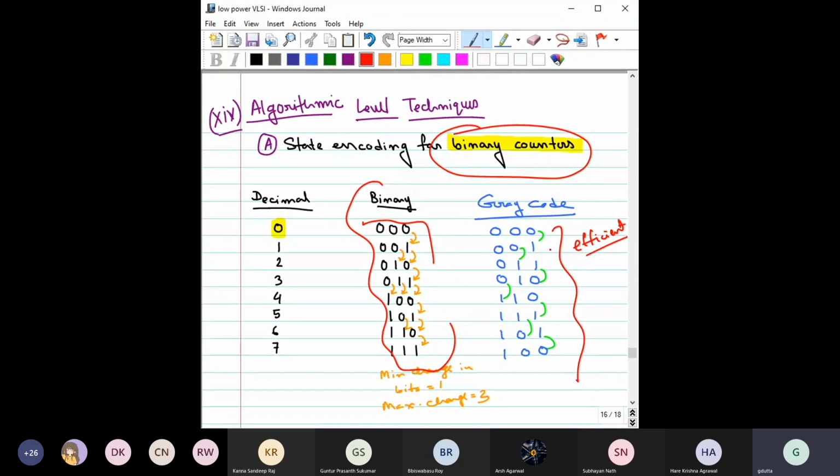If you use the Gray code numbers, then from one number to the next there is only one bit change. So that way you have less power dissipation, because here you can see in some cases 2, and in some cases a maximum of 3 bits are getting changed, right?